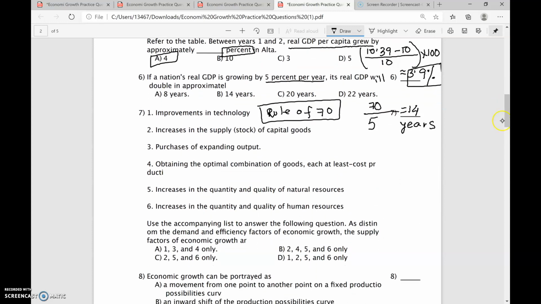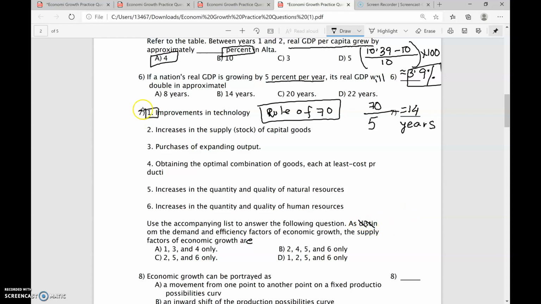Now question number 7. Which of the following demand, supply, and efficiency factors are responsible for economic growth? Okay, I think a bunch of sentences are missing here.